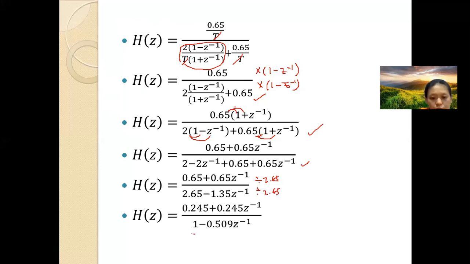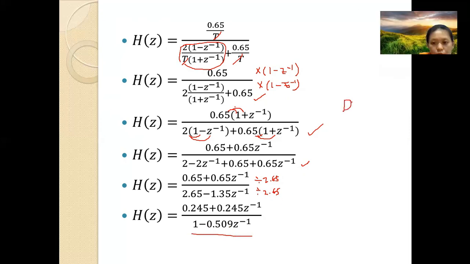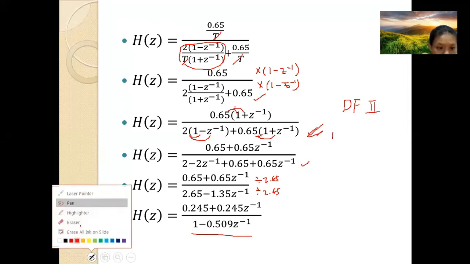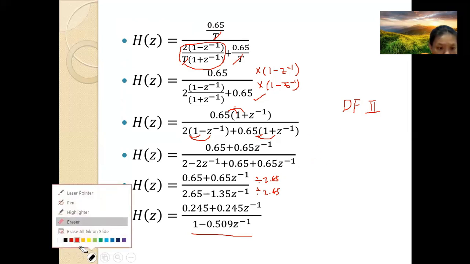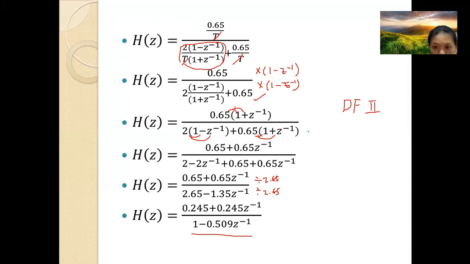So for this question, it's very simple. We can draw our direct form 1 and direct form 2. So we can draw our direct form 2 with the equation here. First, we start with our x[n] input, sum with 1.